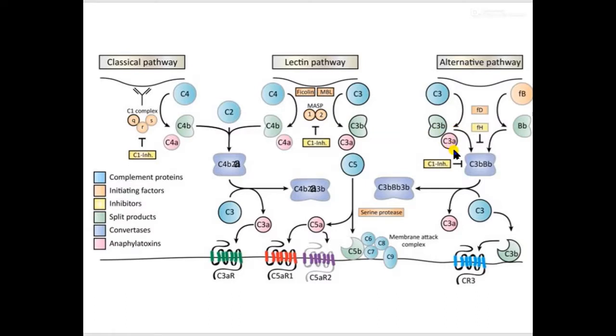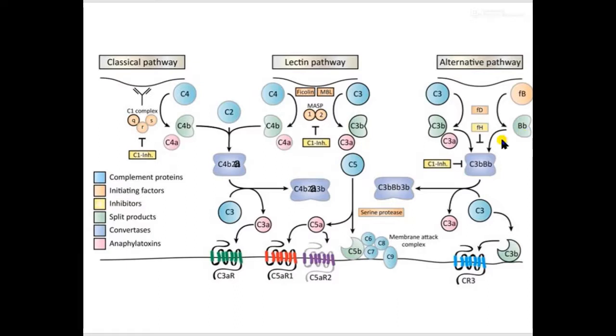Okay, and onto this activated C3b, another component, the factor B, gets bound to it. Okay, this is called the factor B. In the factor B, you have the Bb component being formed.